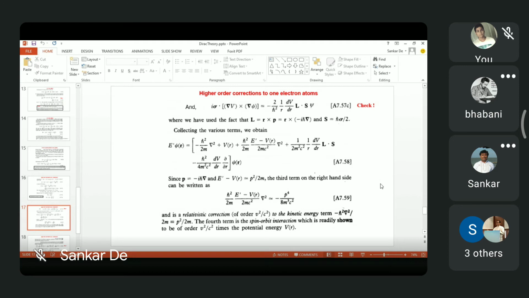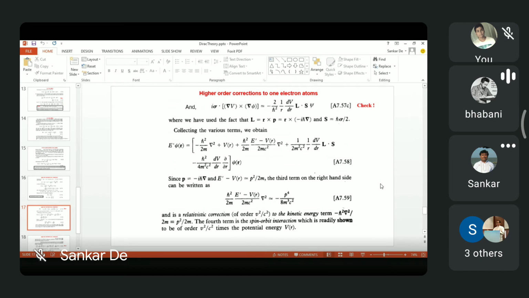So here you have minus 2 by h cross square, 1 by r dV by dr, something like that. So h cross cancels out, 2 also cancels out.